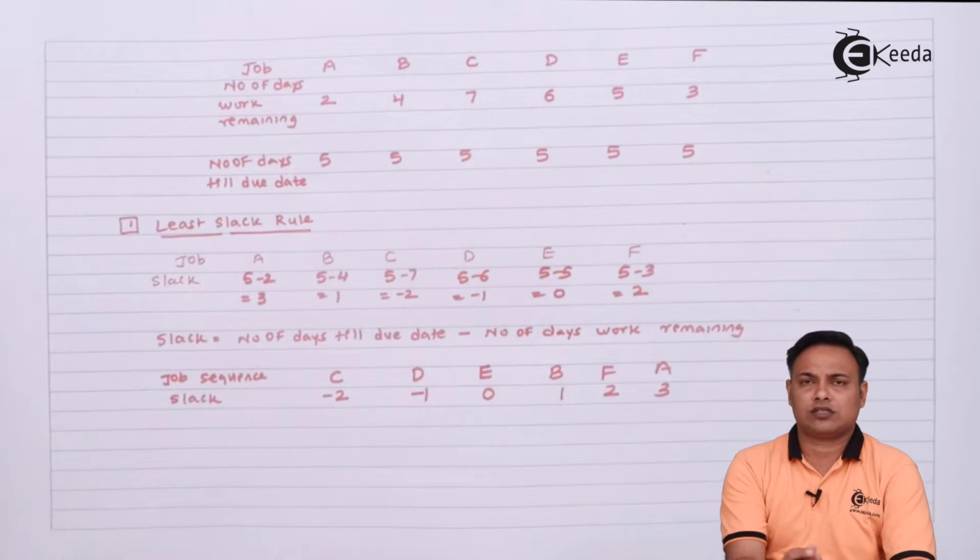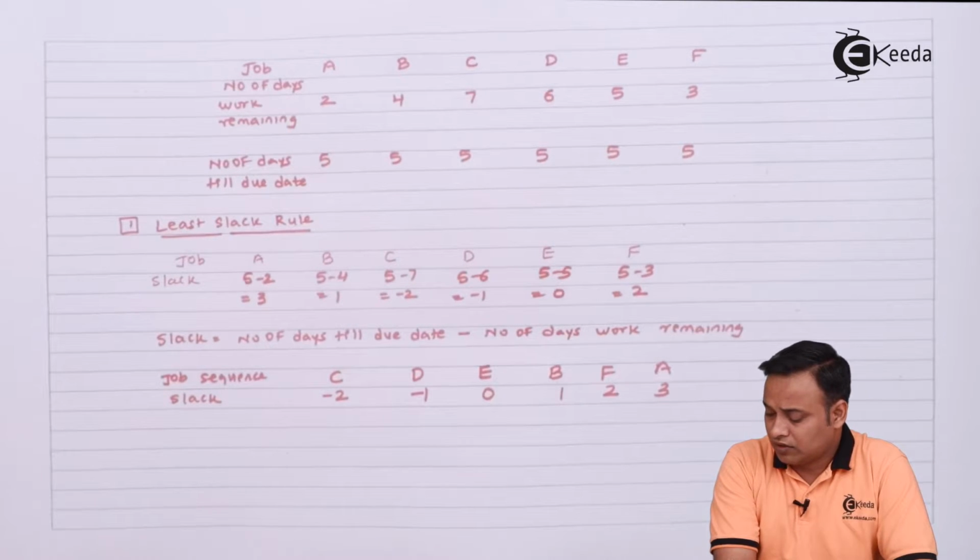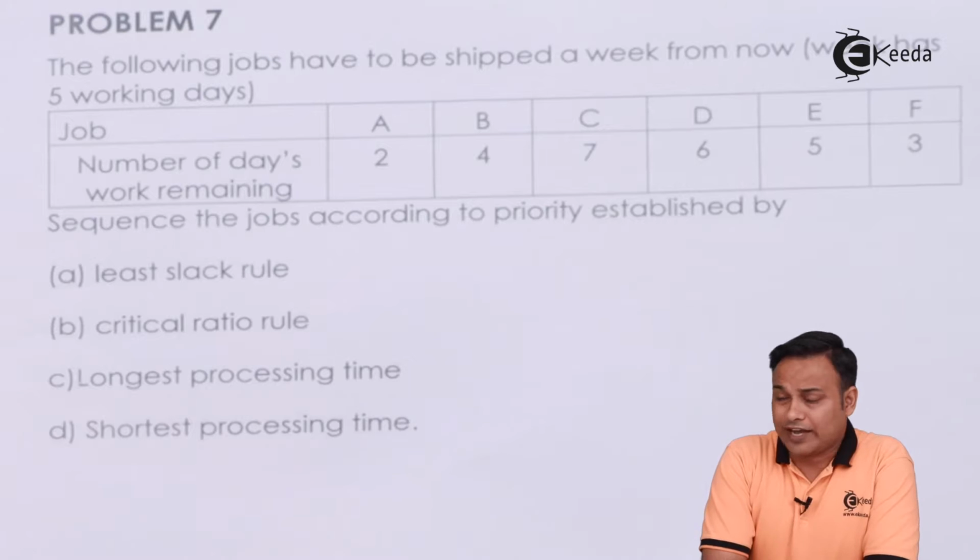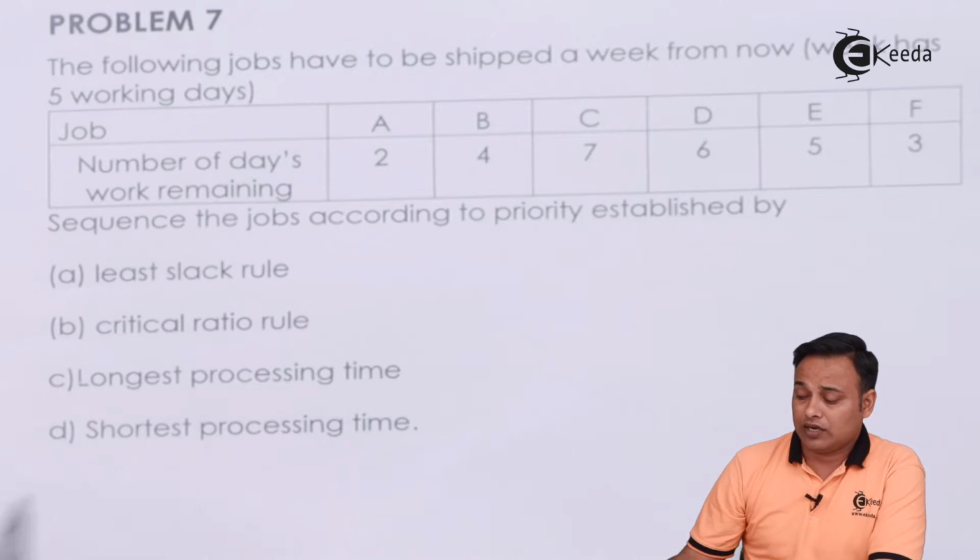So based on the least slack rule, the sequence will be C, D, E, B, F and A. Now the second method they have asked us about is the critical ratio rule.